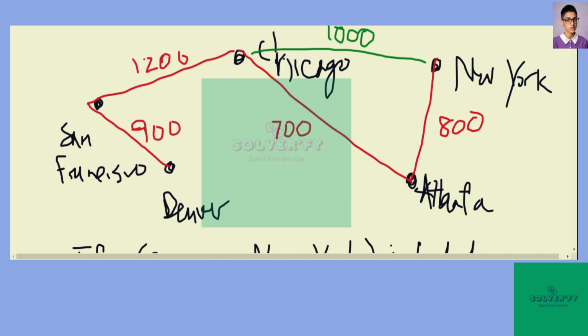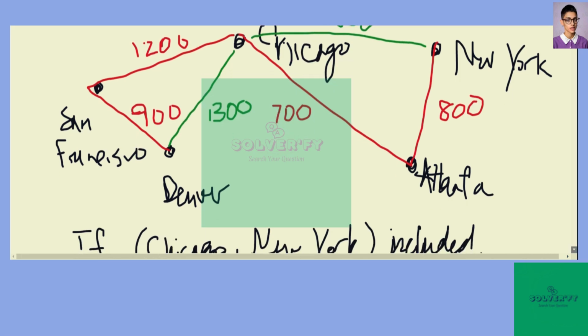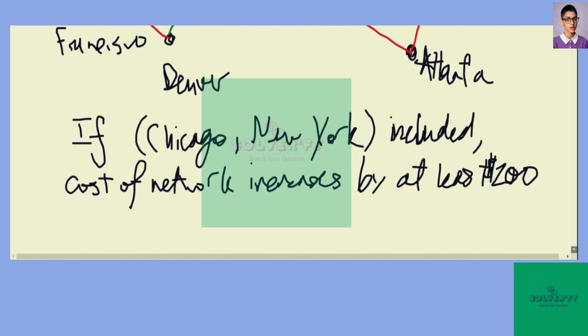So suppose instead of Chicago linking to New York, what if Chicago linked to Denver? So we have that this edge has a weight of 1,300 now. However, the only way we can add this edge is if we remove the edge between San Francisco and Chicago, which is 1,200.